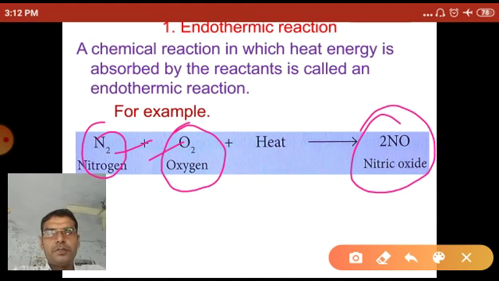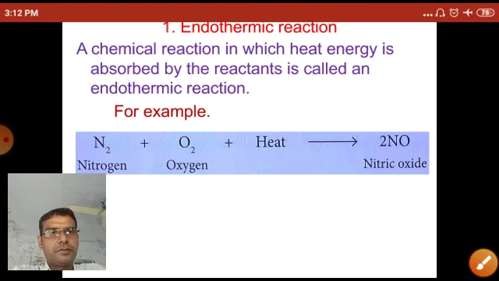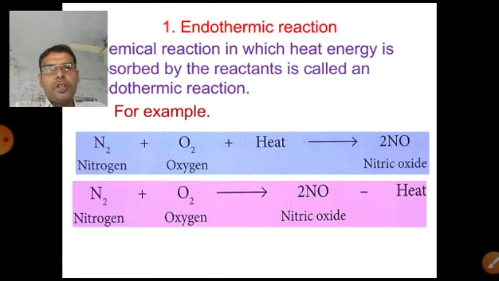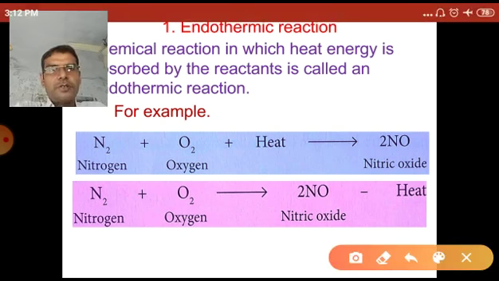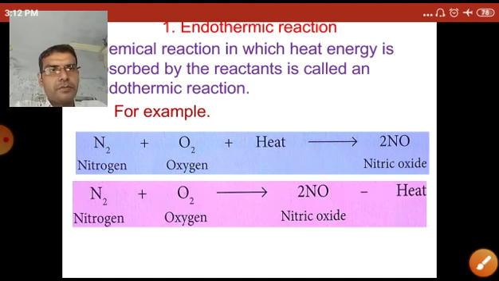During lightning in the sky, nitrogen combines with oxygen and they form nitric oxide. We can also write this reaction: nitrogen combined with oxygen forms nitric oxide, with minus heat on the side of the product. That means heat is absorbed in the reaction.